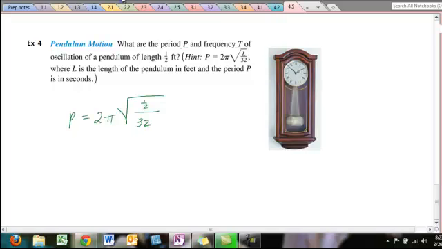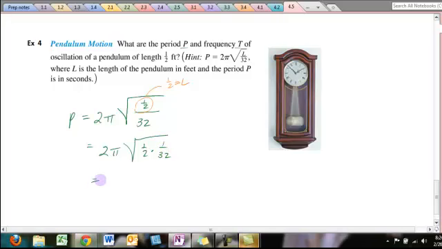Okay, and just so long as we're clear, this is L. Now, we're going to simplify this a little bit further, and we say 2 pi times the square root of, well, if this is 1/2 divided by 32, that's the same thing as 1/2 times 1 over 32. Because if I divide by 32, I multiply by the reciprocal.